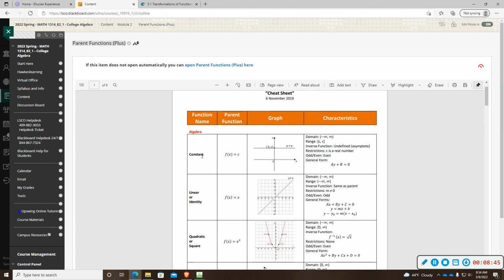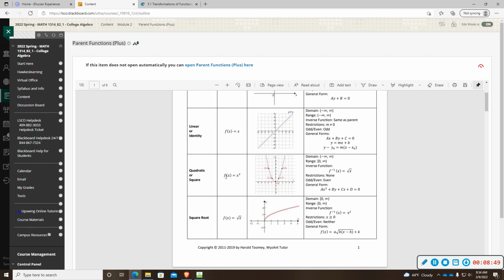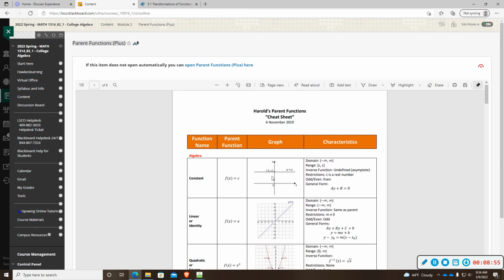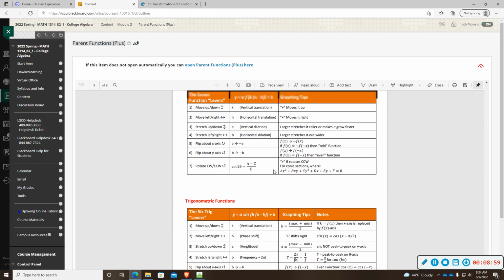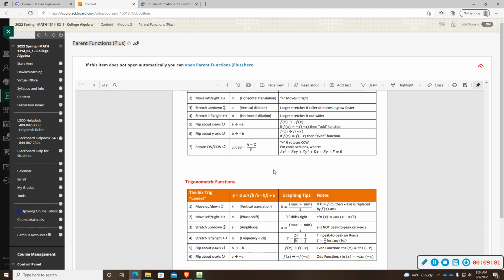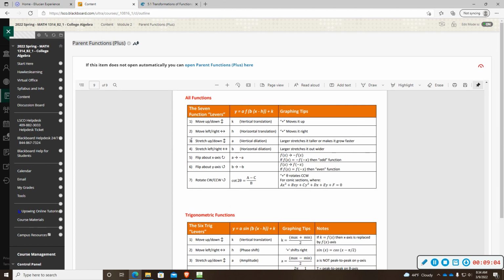You need to know what constant functions look like, what linear or identity, quadratic or square, because we're going to be transforming these, and you're going to have to tell me how the new graph is going to be different from the original. Now, also at the very bottom, the box above the last page, this is also explaining the transformations.